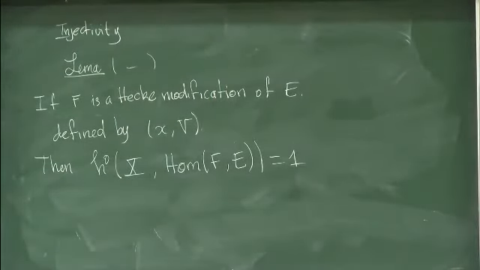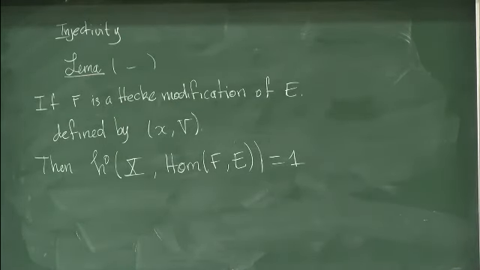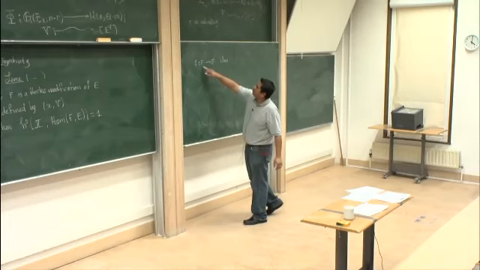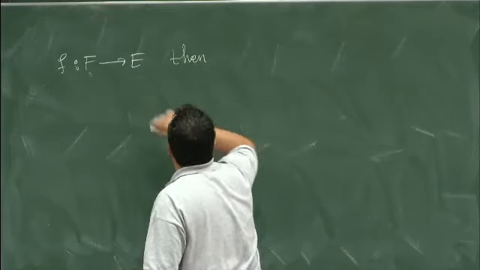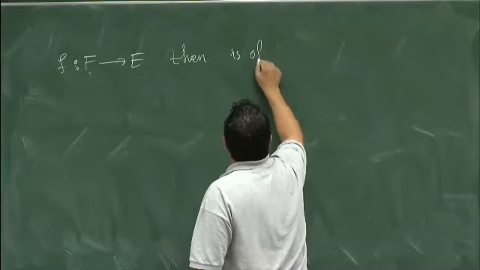Then, well, I have this lemma, and if I have a morphism from F to E, then this morphism is of maximal rank.